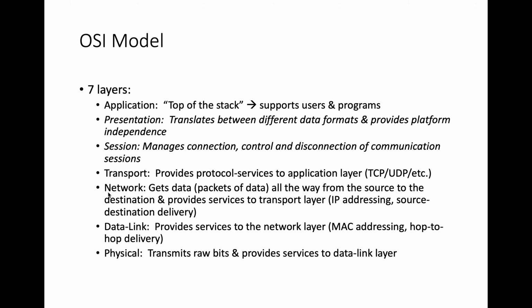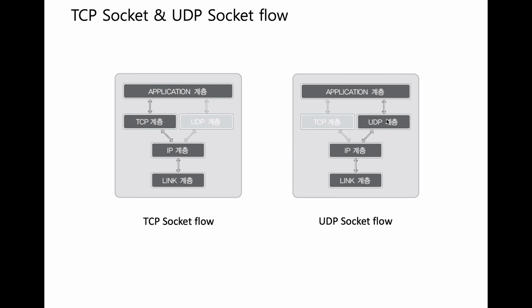Now I'll explain why. The network layer contains the IP protocol, if you remember. The IP protocol is referred to as a best effort protocol. That means IP will send your packet to the destination, but it does not assure that the packet is delivered.